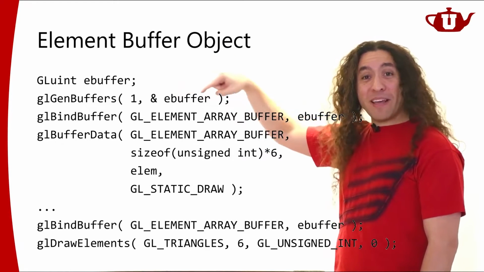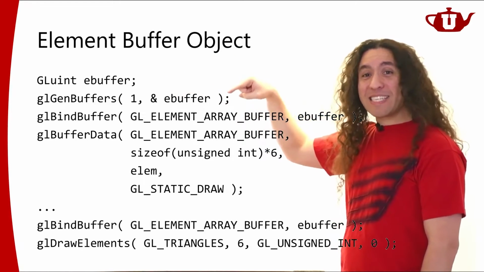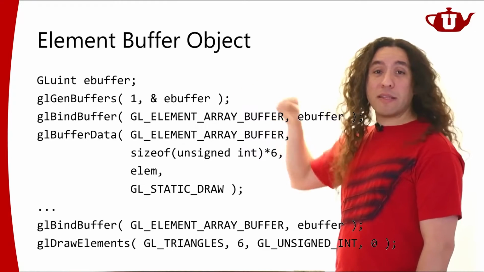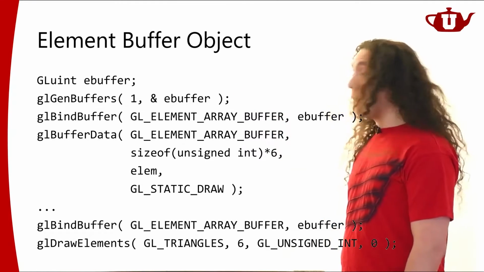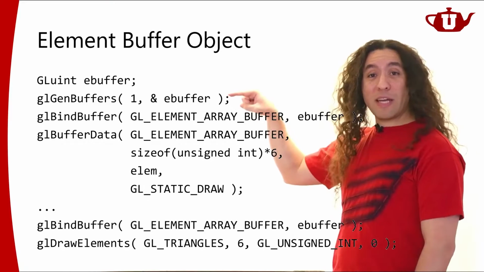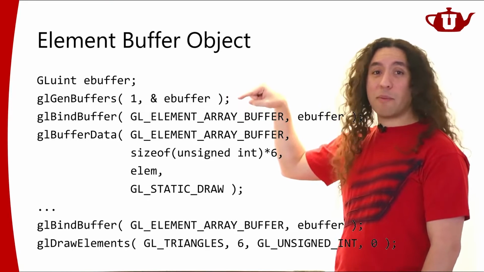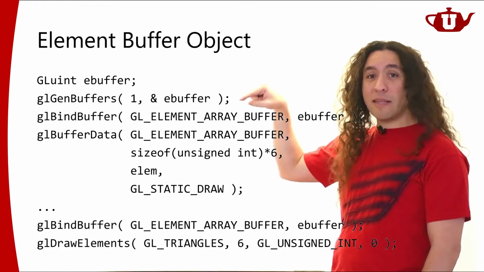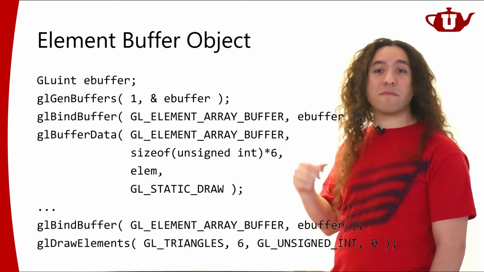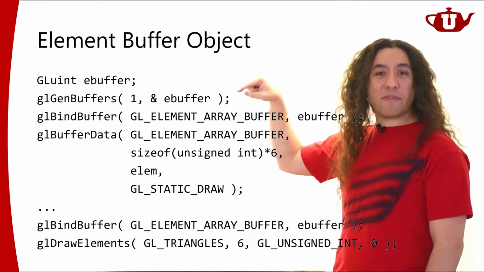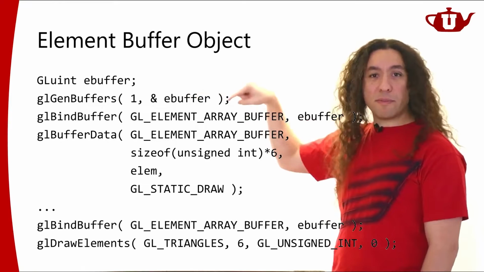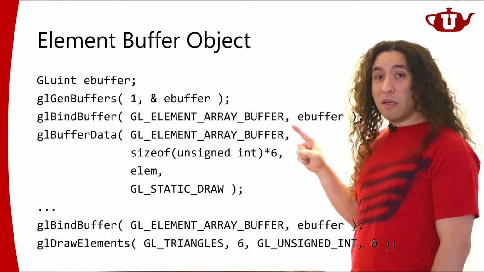And if you pay attention here, I'm using exactly the same function call that I used for the vertex buffer object. So when I generate this buffer, I haven't said anything about this being an element buffer or just a vertex buffer. It's just a buffer, right? So it's a generated buffer. What differs is over here.